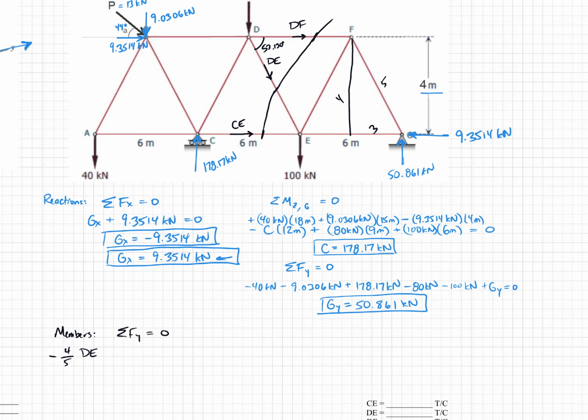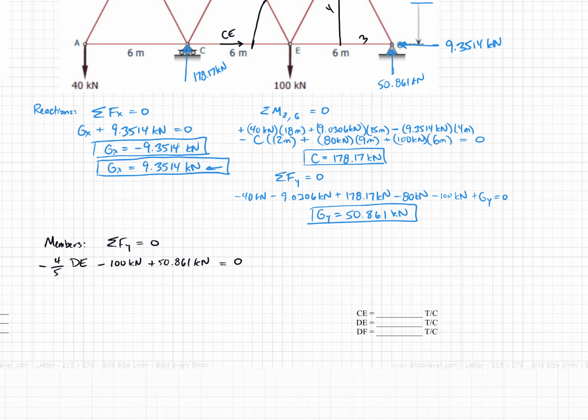What else do we have in the y direction? We've got a negative 100 kilonewtons on our section, and it looks like we've got a plus 50.861 kilonewtons. If we add all those up, equals 0. So let's solve that, and we're going to say DE equals 61.424, and underneath that I can say DE equals 61.424 kilonewtons in tension.